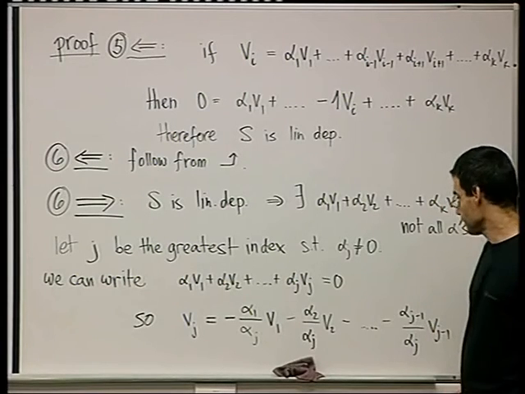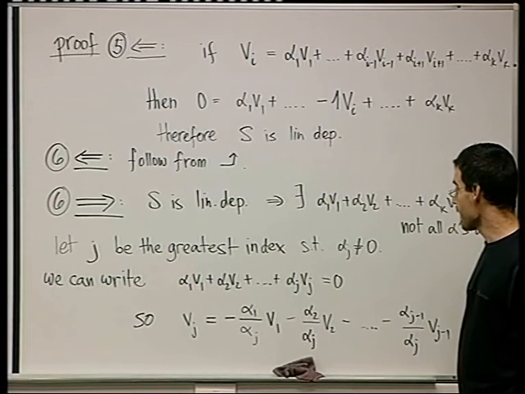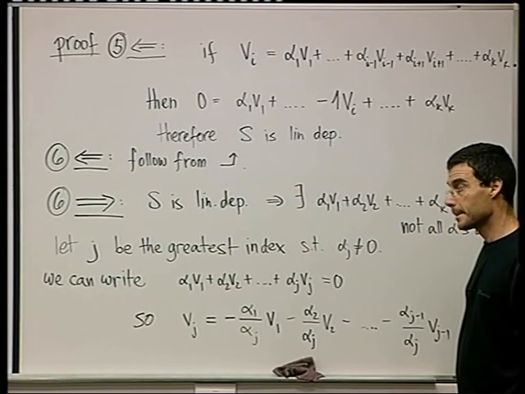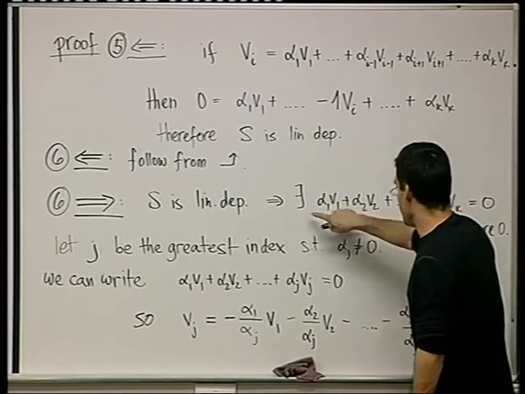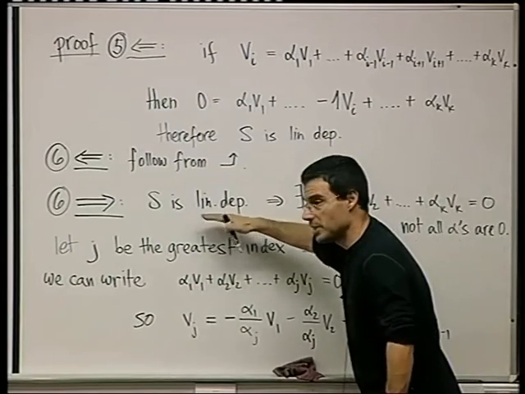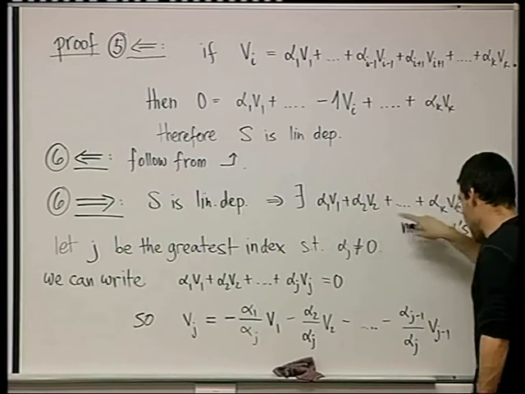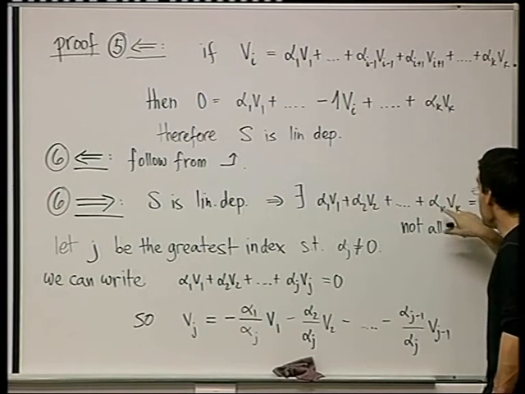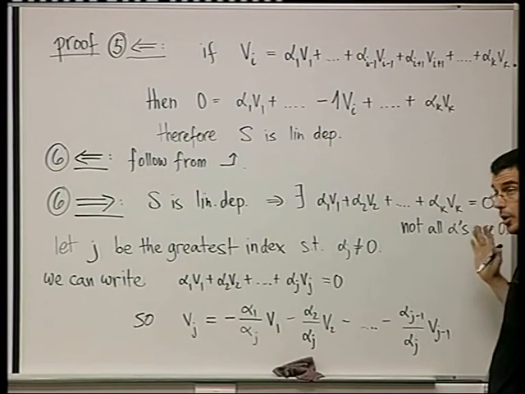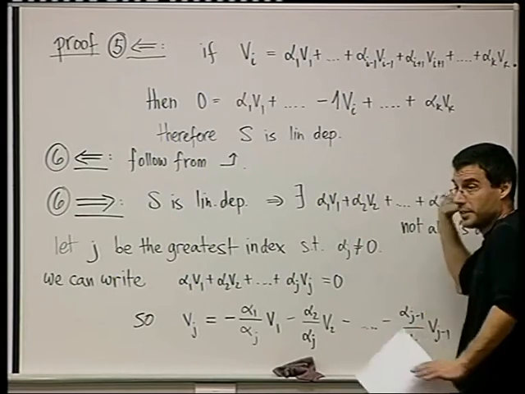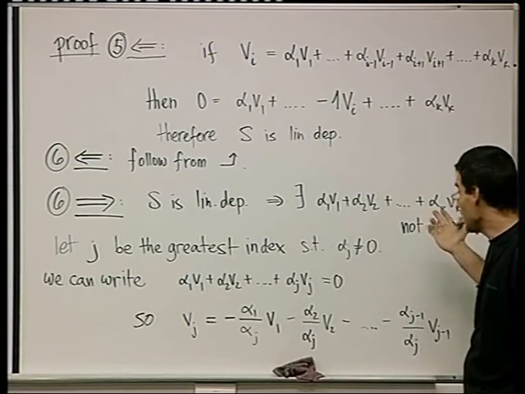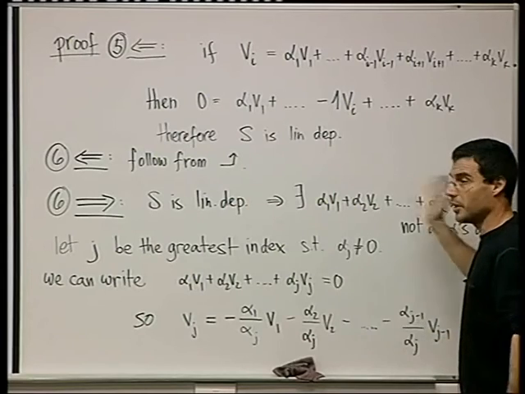Good? I didn't get the part where you got the let J be the greatest index that we can write. I didn't get why the... So first of all, by the fact that S is linearly dependent, we have such a combination. Okay? Not all the alphas here are 0, but maybe alpha k is 0. All we know is that there's at least one that's not, but maybe some of them are. Okay? So I want to remove all the ones that are.